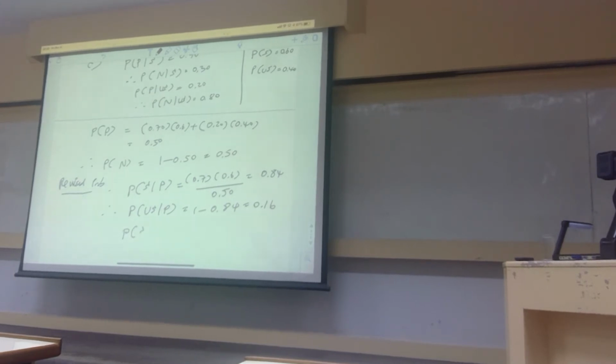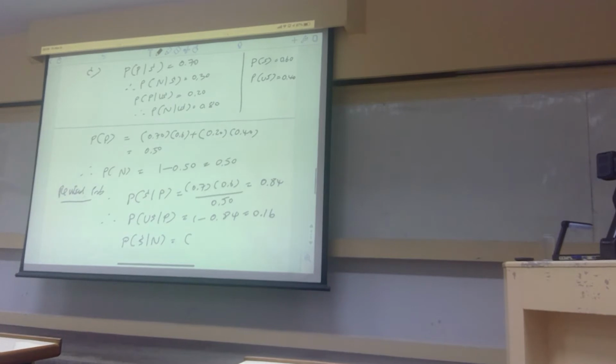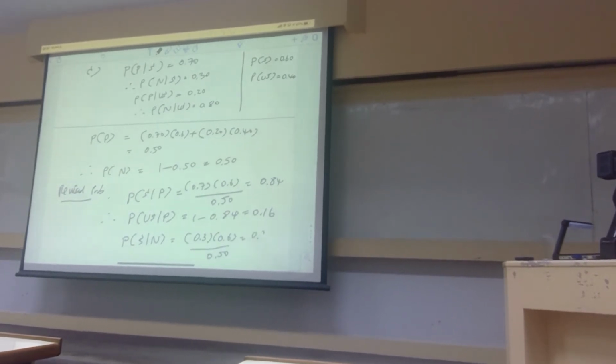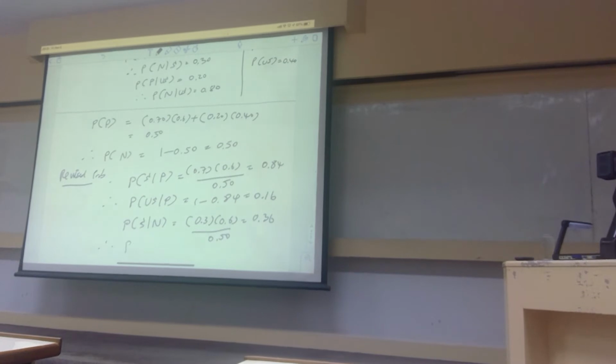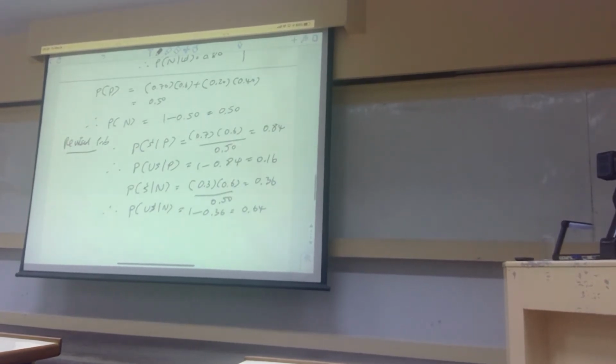Another one is the probability of success given negative: 0.3 times 0.6, and we're done.